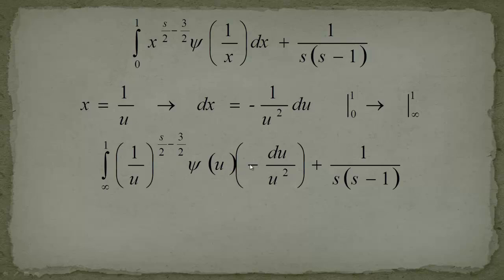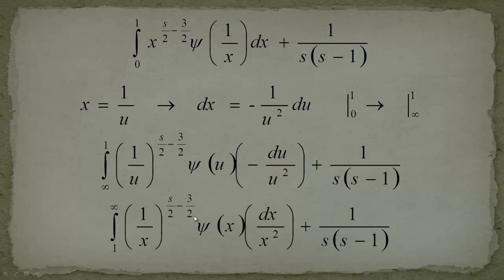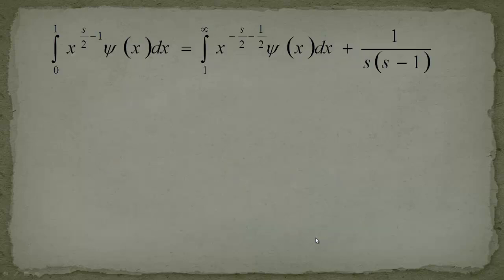We can change this by using this minus sign over here, and now I also do another step which should not confuse you that much: instead of working with u, I can just replace the integration variable by x. This is the only thing that I did, and I used this minus sign in front to change the boundaries of this integral. Nothing else changed. Now let's rewrite this again.